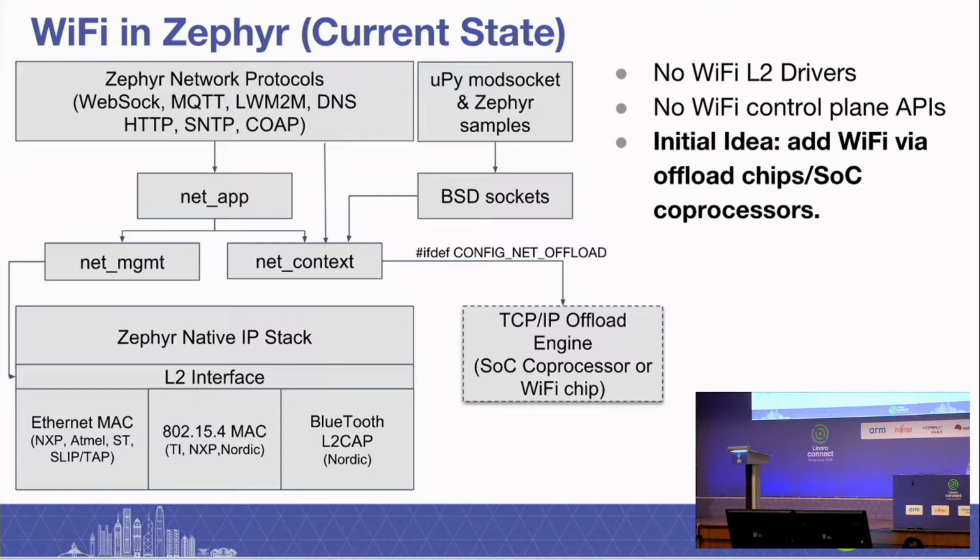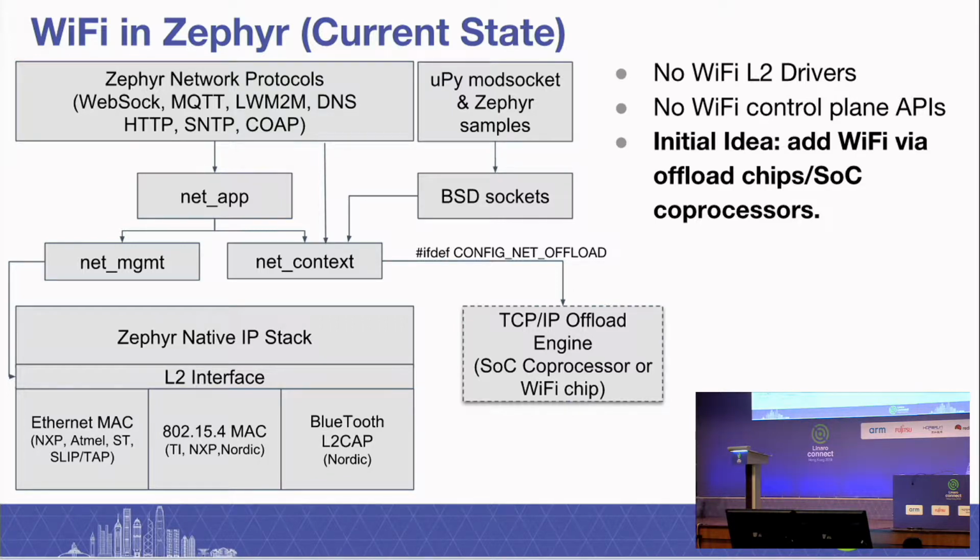BSD sockets is something that's recently been added by Paul Sokolovsky here in the LITE team, as a way to get third-party BSD socket applications ported into Zephyr. That's a recent addition, and there are some MicroPython socket demos that all work on that very nicely.